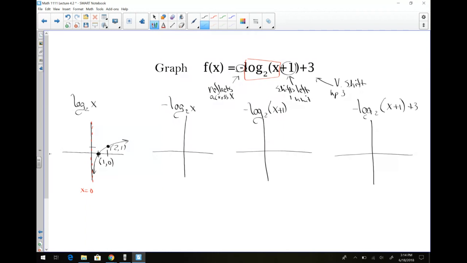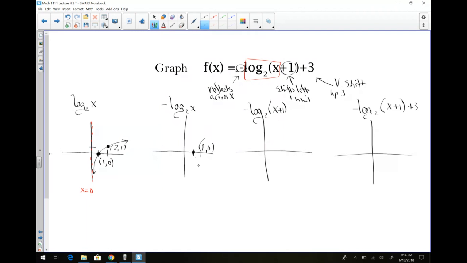So negative 0 is just 0. This means it doesn't change anything for this 1, 0, but it does change for this 2, 1. It's now 2, negative 1 because I just negated all of my y's.